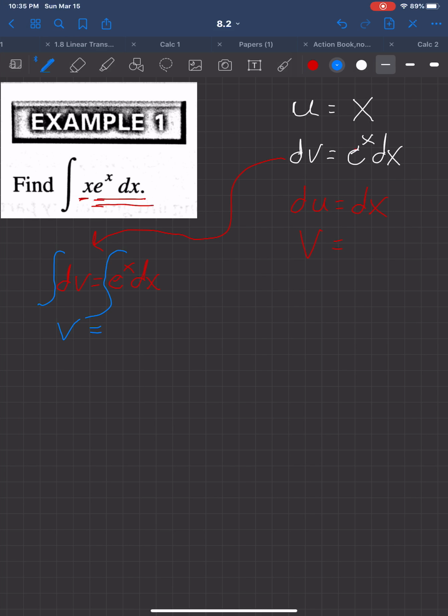And as of right now, I'm actually going to go ahead and leave the right-hand side of this equation alone for right now, okay? So v is equal to the integral of e to the x with respect to x. And now I know what to put here.